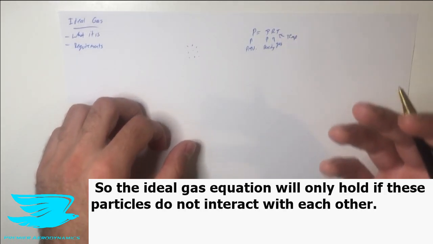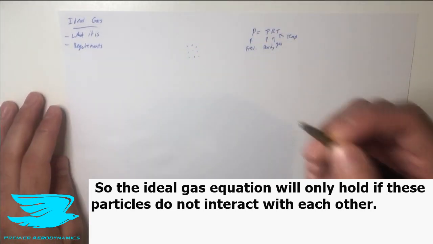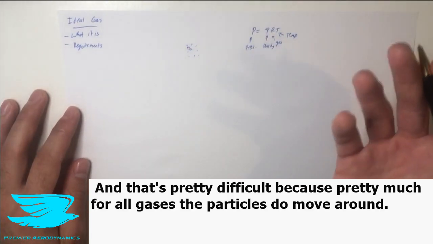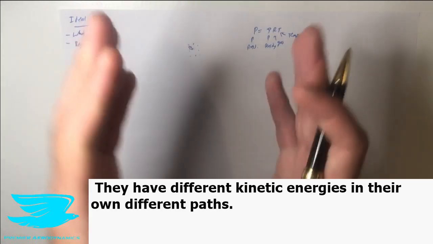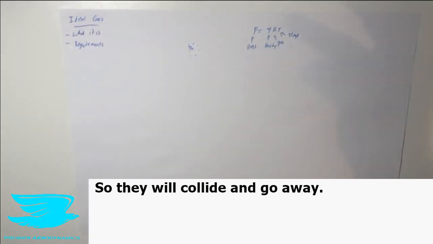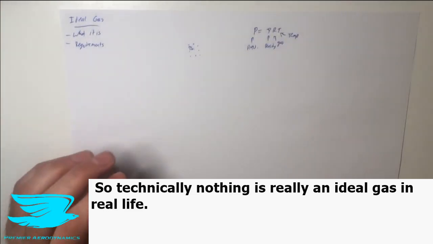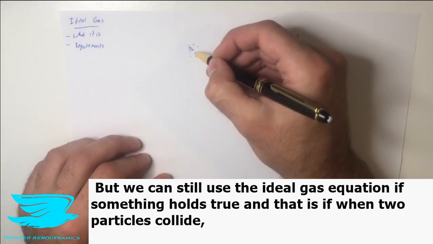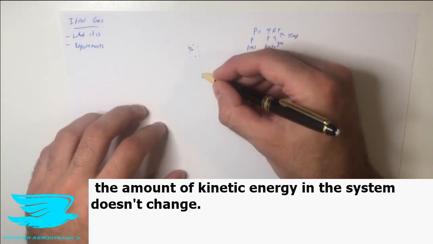So the ideal gas equation will only hold if these particles do not interact with each other, so they don't hit each other. And that's pretty difficult because in pretty much all gases, the particles do move around. They have different kinetic energies and they're on different paths, so they will collide and go away. So technically nothing is really an ideal gas in real life, but we can still use the ideal gas equation if something holds true: when two particles collide, the amount of kinetic energy in the system doesn't change.